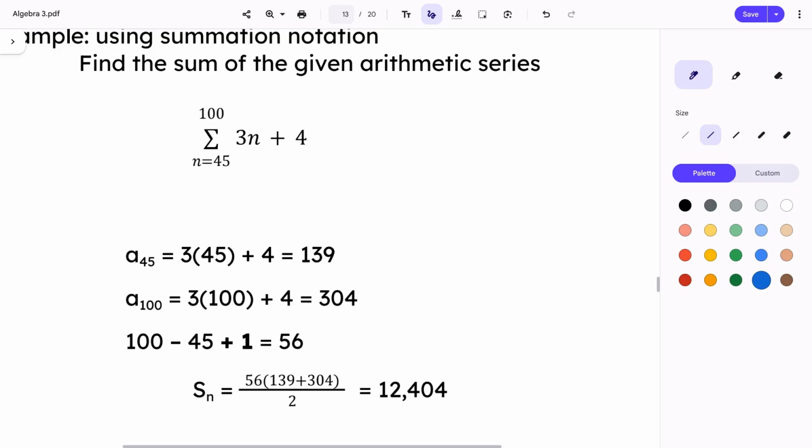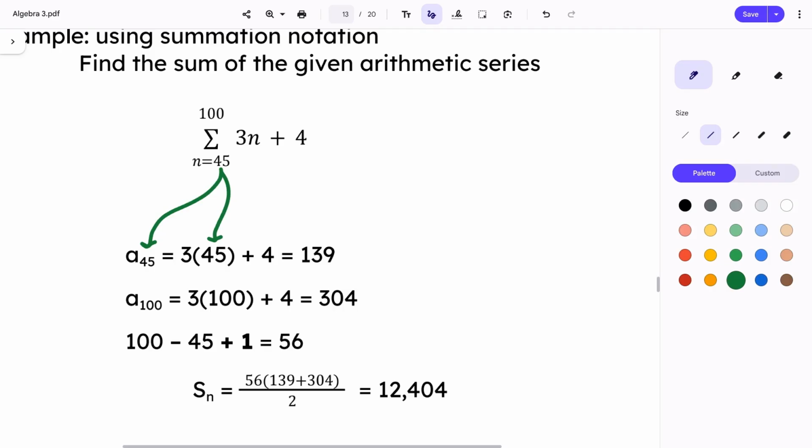But when you look at this, this actually will help you write it in an arithmetic sequence if you need to. So the lower limit here, 45, goes in for the first term. So you're just adding it to find the first one, which is 139.